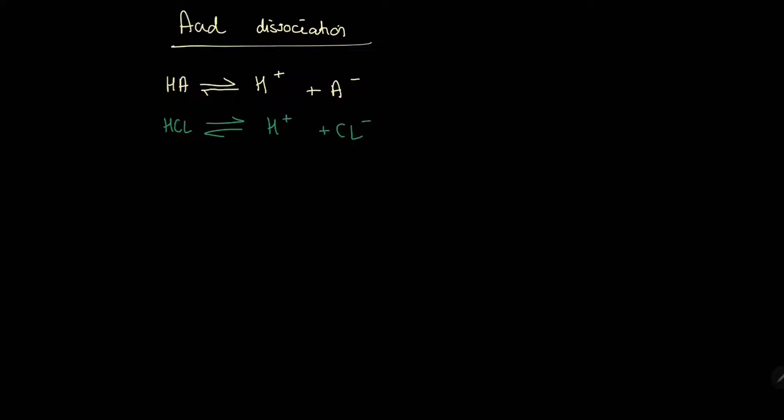Okay, so if we've covered the chapter on equilibrium, we can know that this formula here, the equilibrium constant, Ka, for an acid, is the concentration of the products, which is our hydrogen ion, and then whatever ion is left over, over the concentration of our reactants.